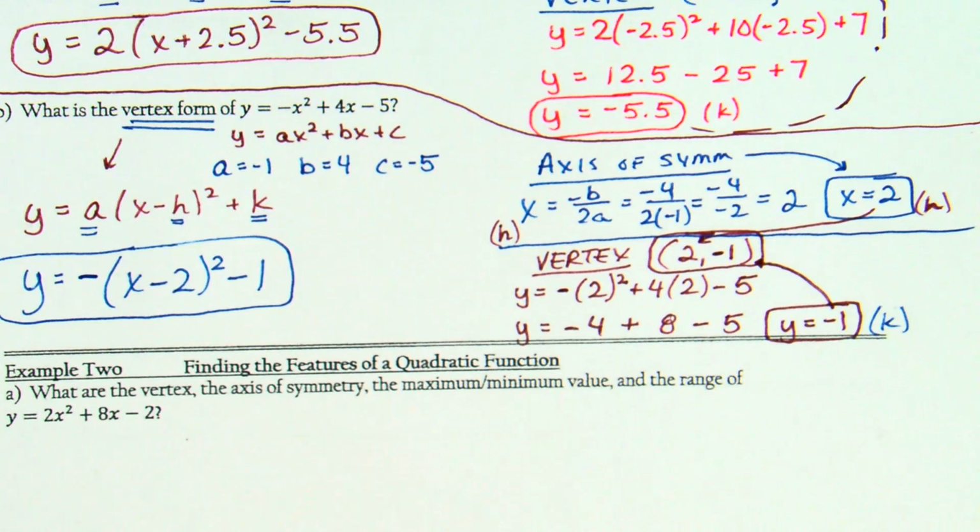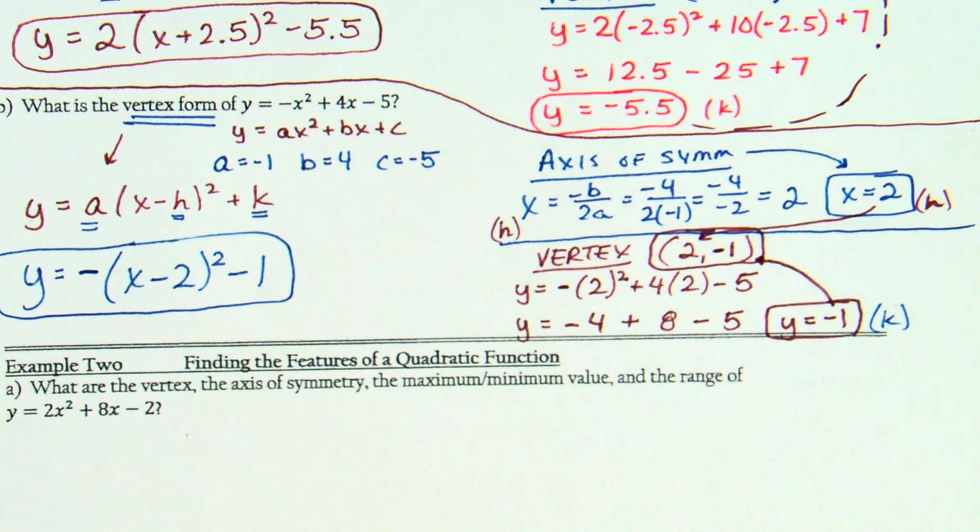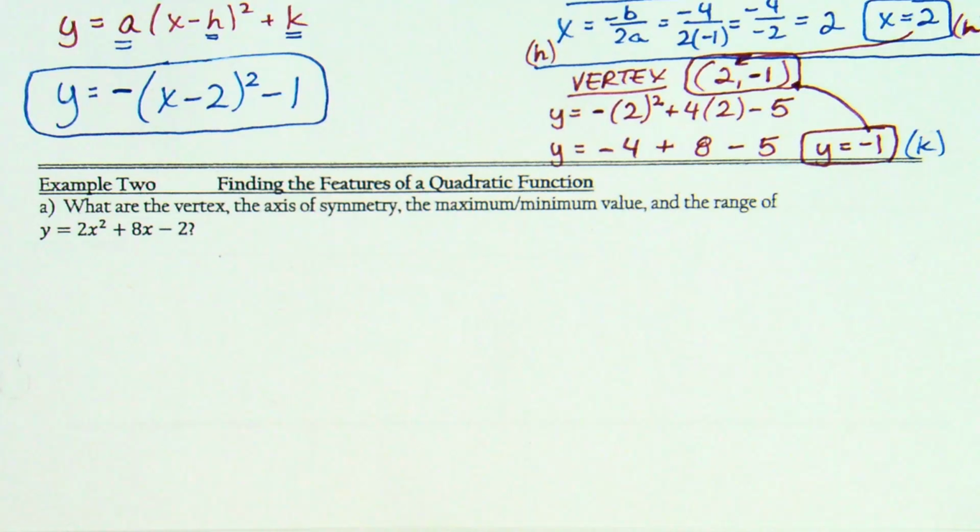Okay, example type 2. We've done some of this the other day. Remember where we had to find vertex, axis of symmetry, minimum or maximum value, domain, and range? Well, we're doing all of those except domain. What do you guys remember about domain? It was always all reals, right? Okay, it was always all reals. So we're finding the other 4. The difference is, last time it was given to us in vertex form, and so a lot of that information was right there for us.